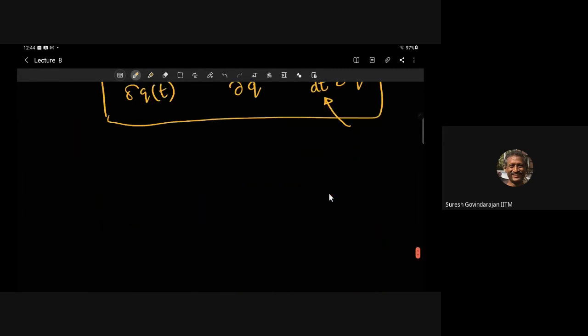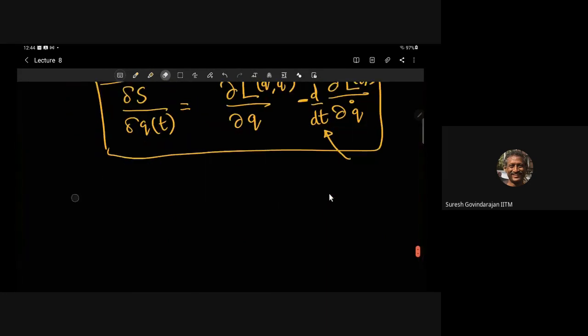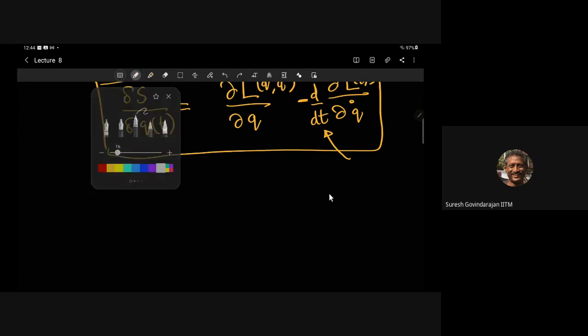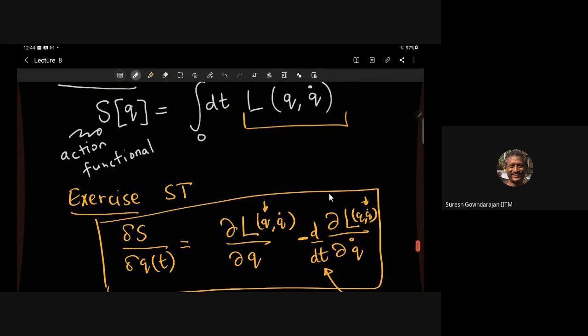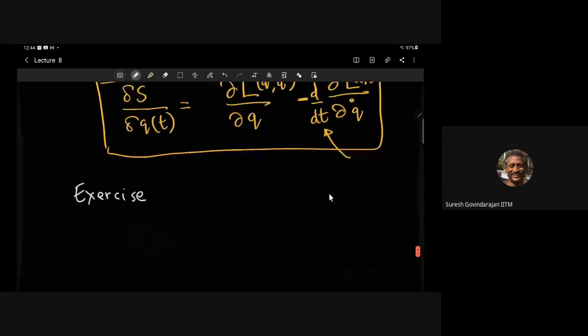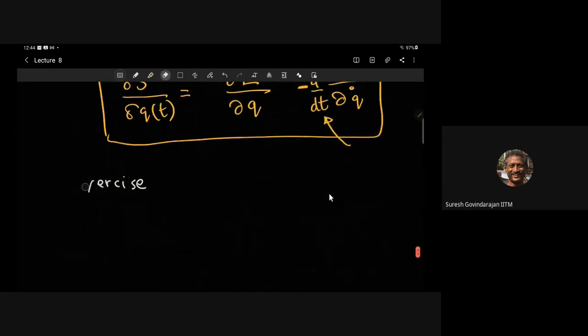Prove this, and I will do the last example.